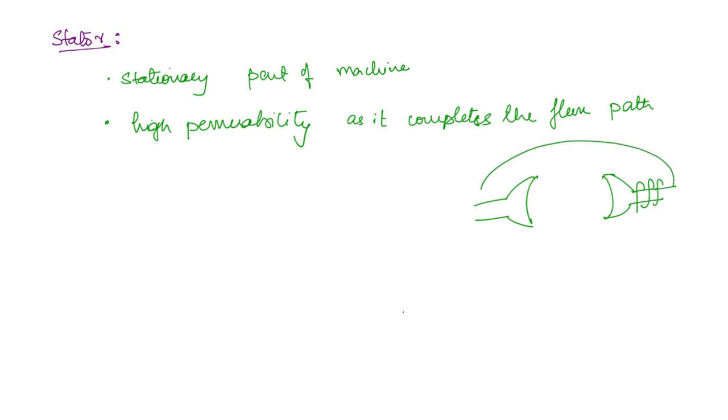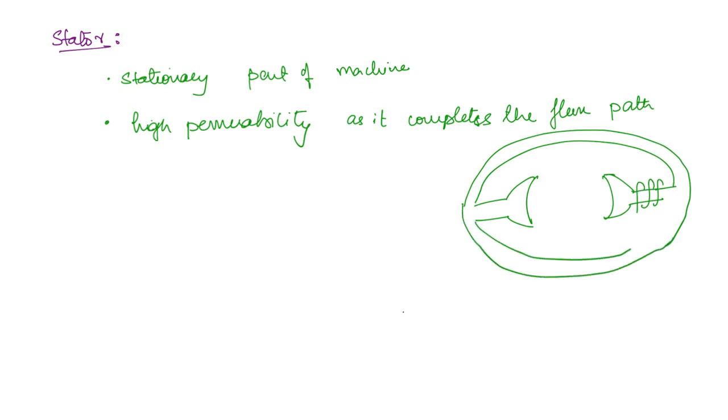Now the stator is this stationary part, and it helps complete the flux path. If this is the north and south pole, then this is how the flux path will be completed. Here also you are going to have a field coil.